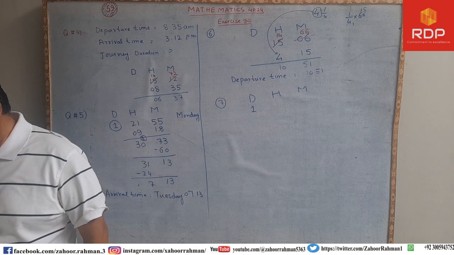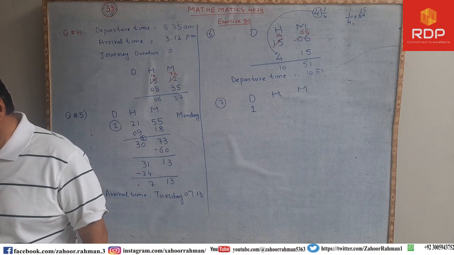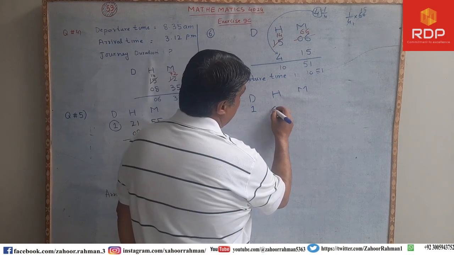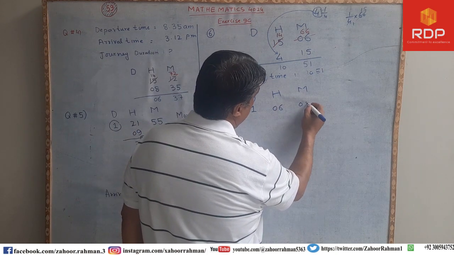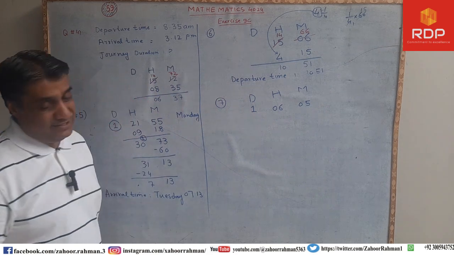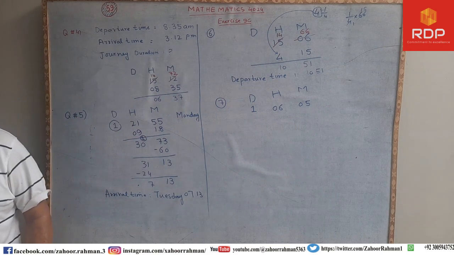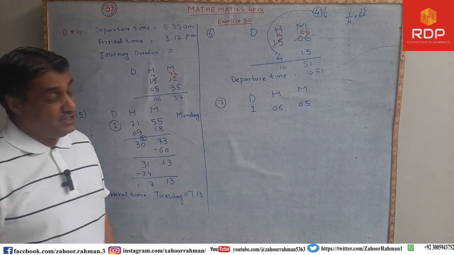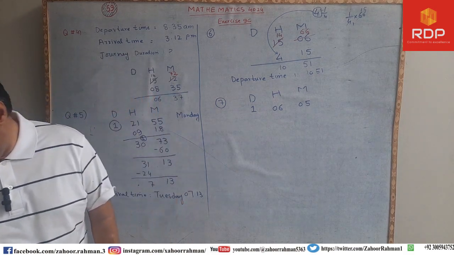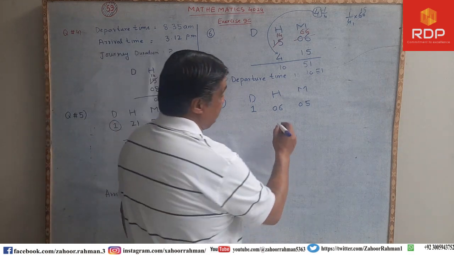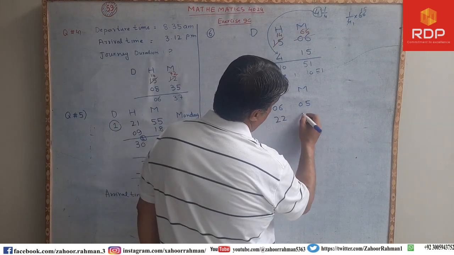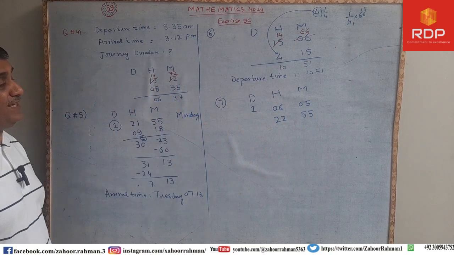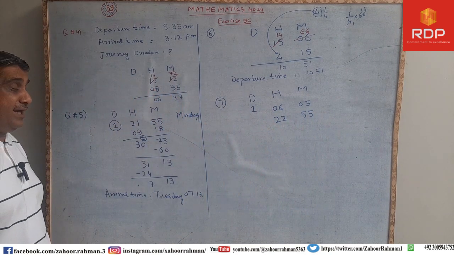So see, they are saying that it arrived at 06:05 hours and its departure time was 22:55. So 22:55 is playing a very vital role if you are ignoring it.